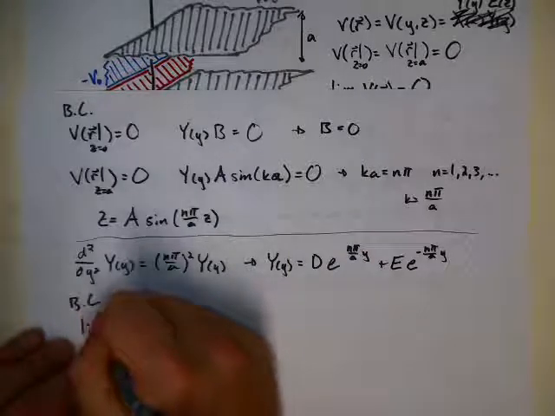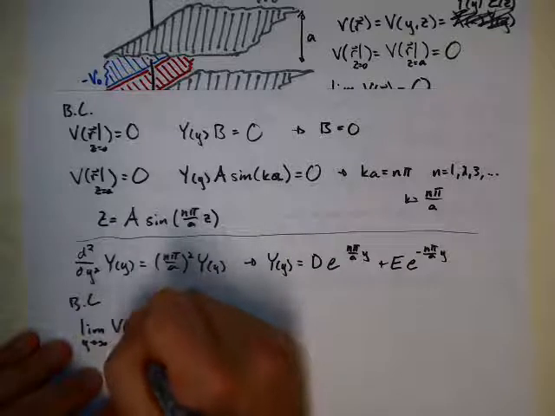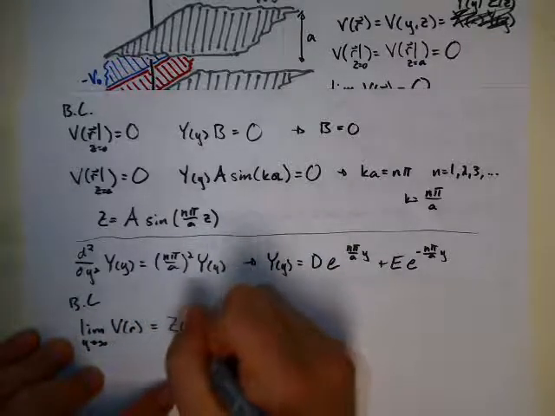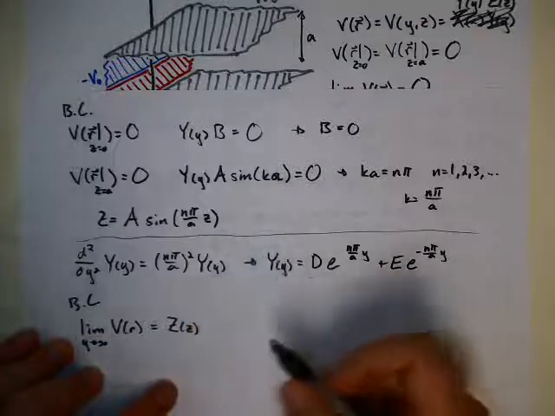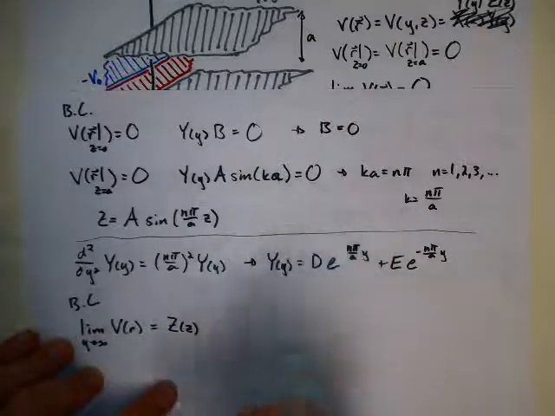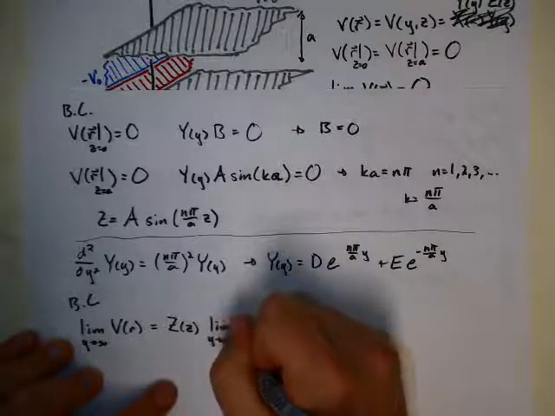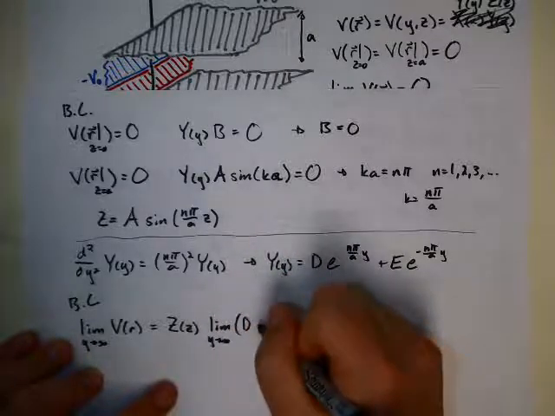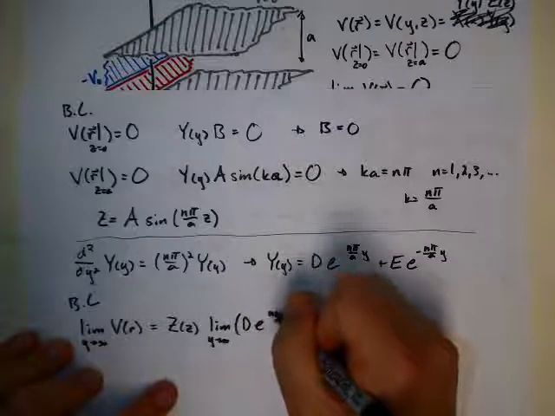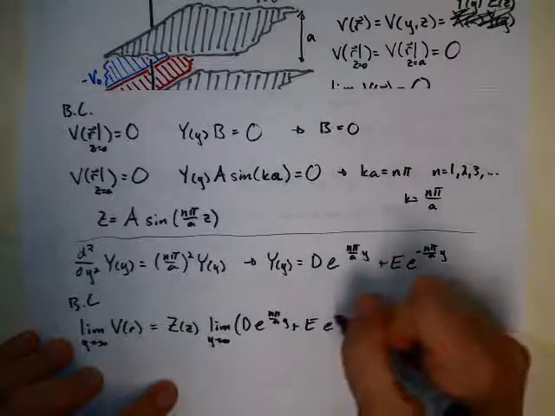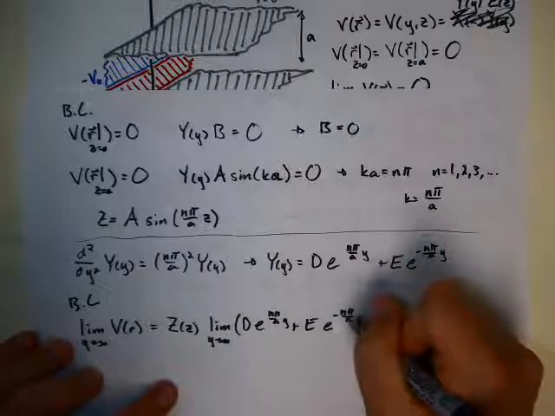And so the limit as y goes to infinity of V of r is going to be whatever z is, we're not going to worry about plugging it in explicitly right now, times the limit as y goes to infinity of D e to the n pi over a y plus E e to the minus n pi over a y.